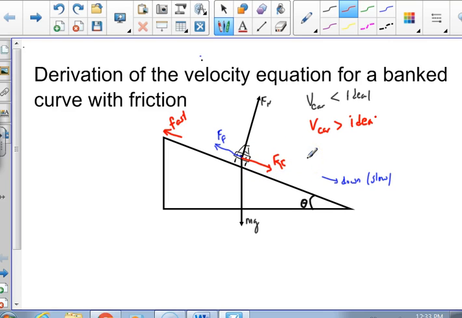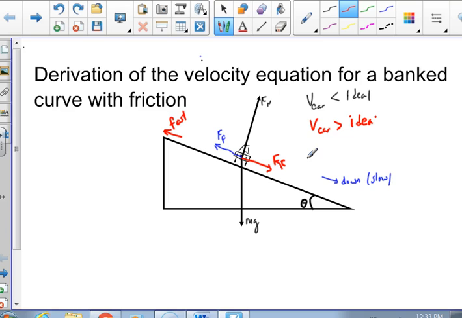So our issue is that, depending on the velocity, we may not have one direction of friction. It may be too fast or too slow, but the ideal velocity is that one that will hold it on the curve regardless of the actual surface. And that represents one velocity, and then we can go above or below that, and in each of those cases we're going to have friction involved in the problem solving.